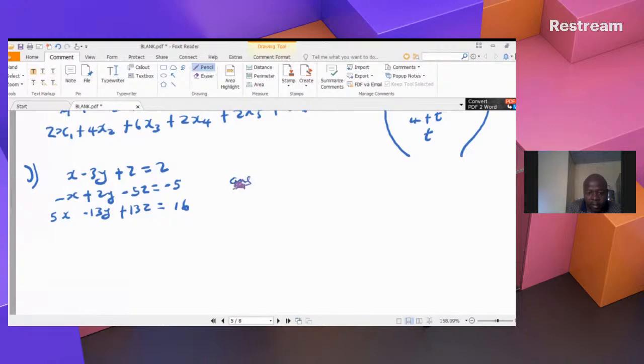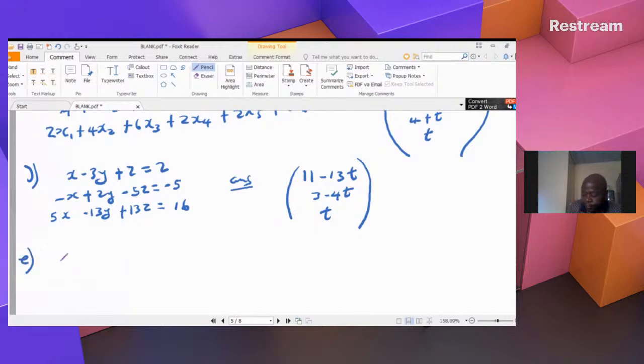And my answer to this is 11 minus 13t, 3 minus 40, and t. So this is a system with infinitely many solutions.